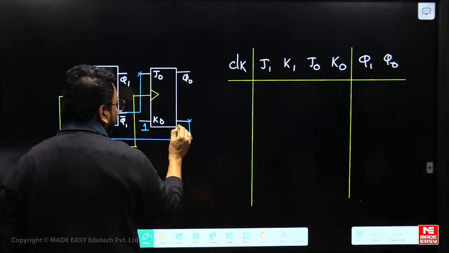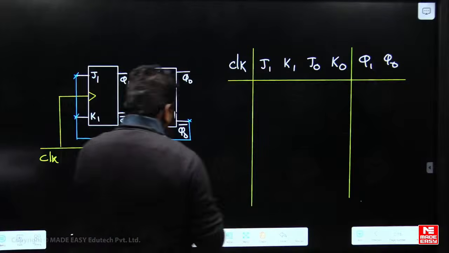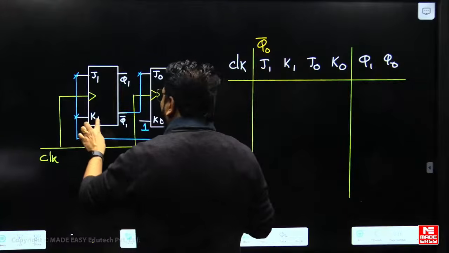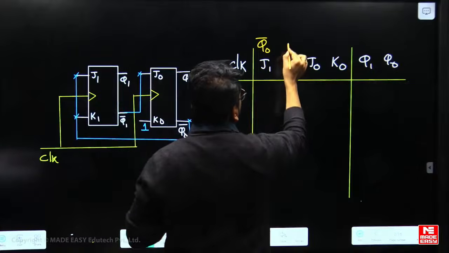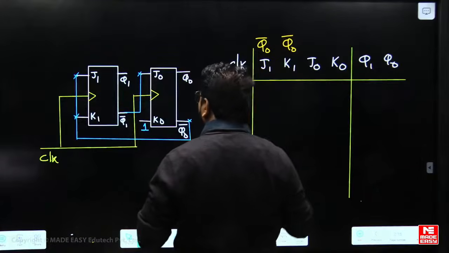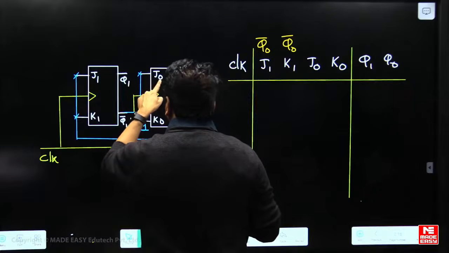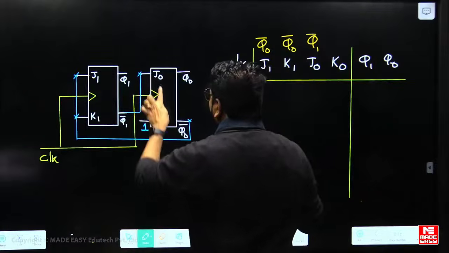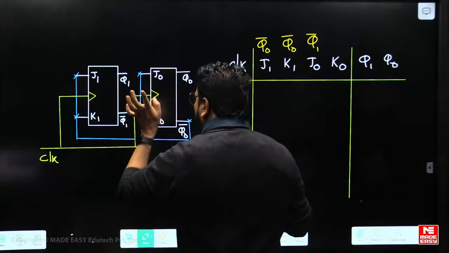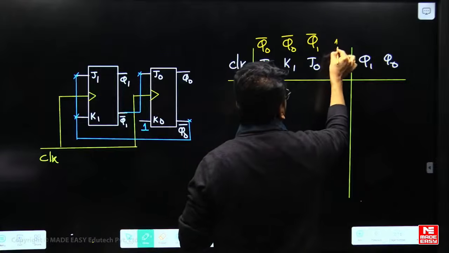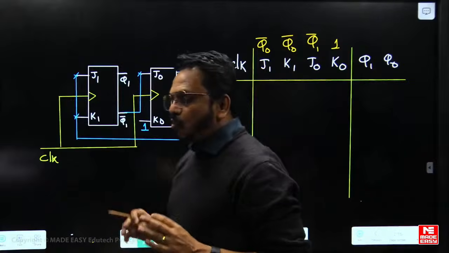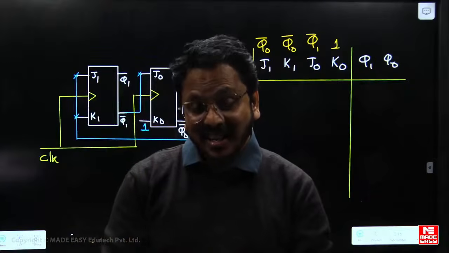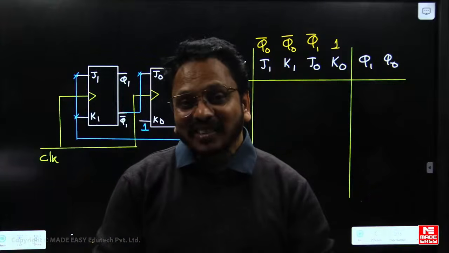K1 is also taken from Q0 bar. J0 is taken from Q1 bar. And K0 is always given 1. Once we write those input connections, the problem is almost half over.